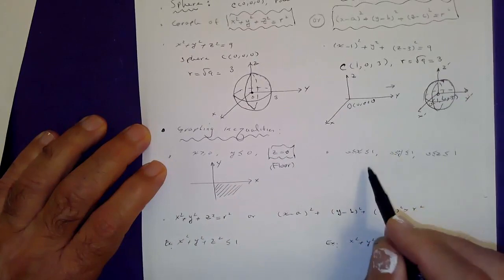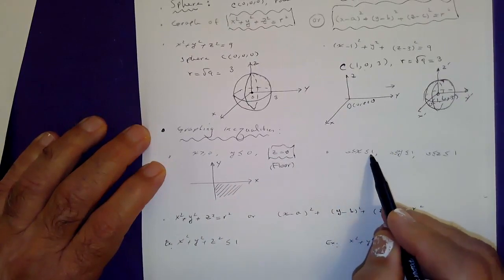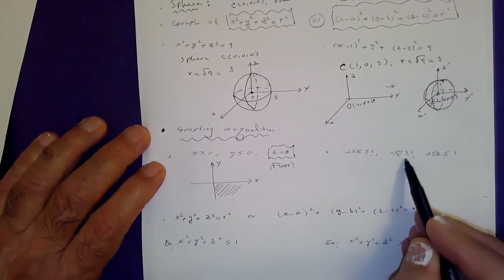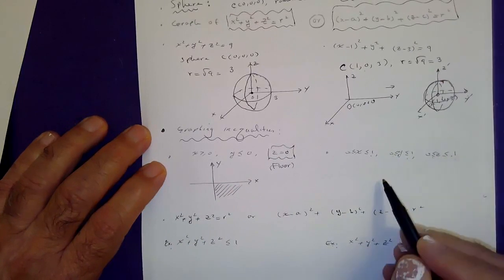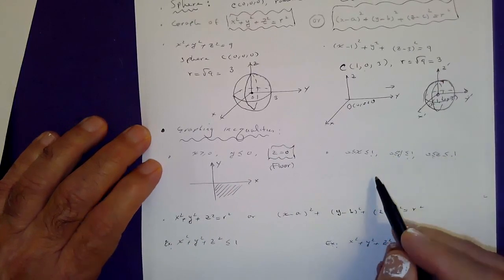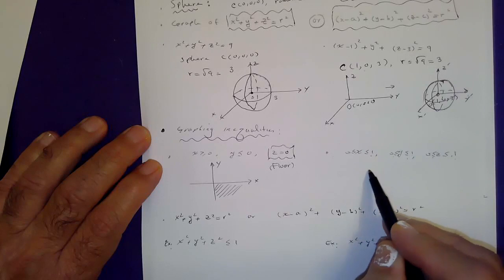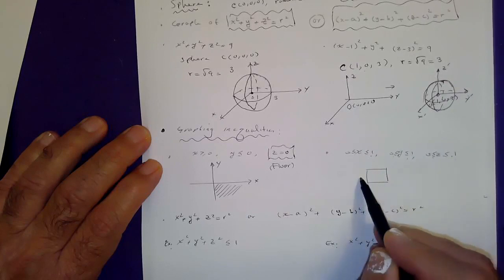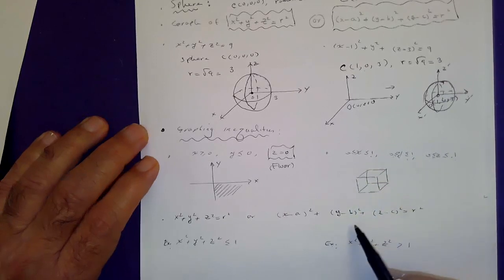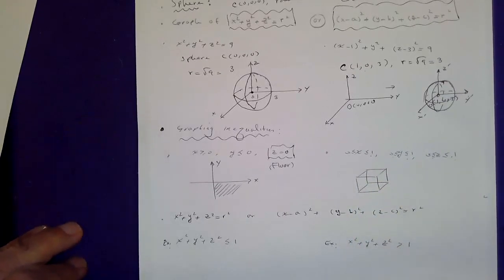What about this one? X goes between 0 and 1, y goes between 0 and 1, z goes between 0 and 1. Believe it or not, that would be the graph of a cube, like so. Each side of the cube is equal to 1.